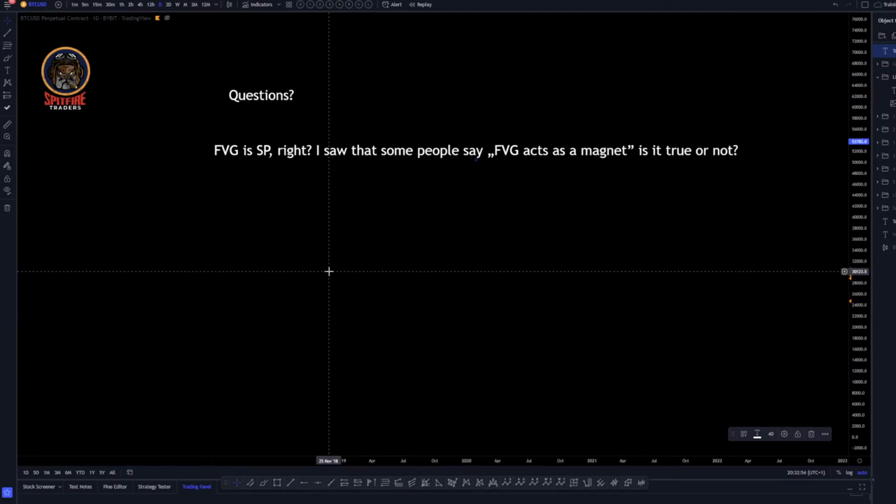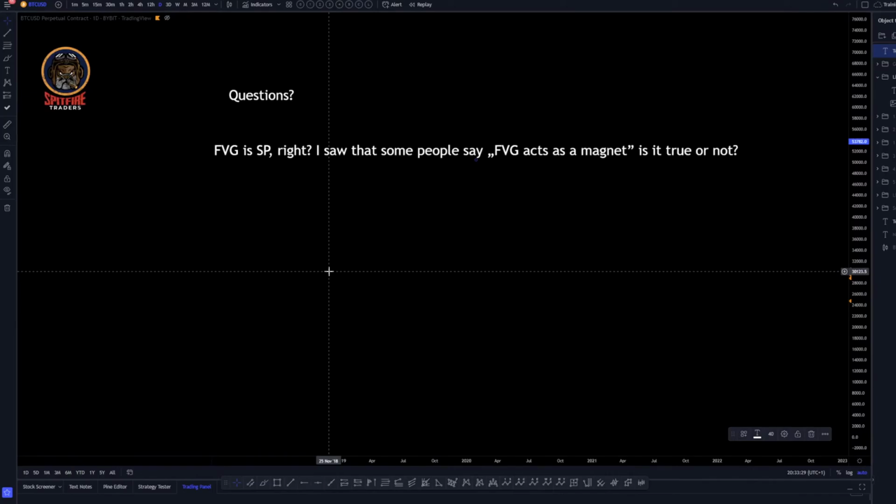Now I didn't come up with ICT, and I didn't come up with a fair value gap. So this is my opinion, and I want to be very clear on this because I don't want to offend anyone. But it's kind of derived from single prints. However, the fair value gap can also be considered on many time frames in their strategies. Now, when it comes to TPO theory, it's very, very strict. It's based on 30-minute candles.